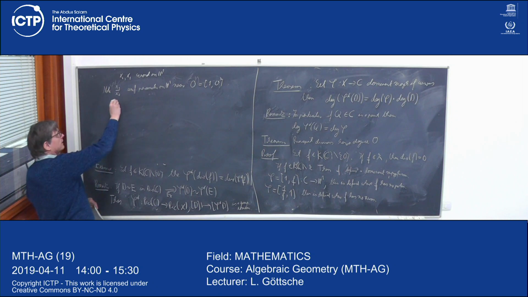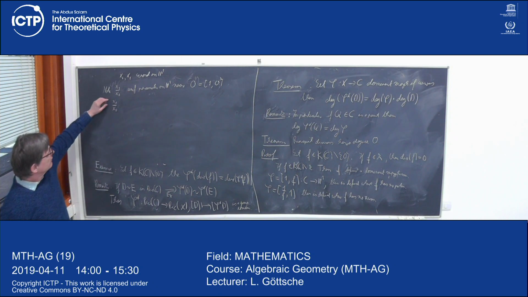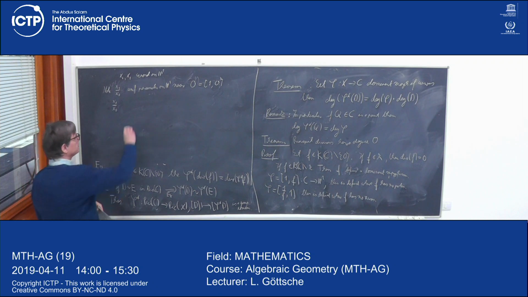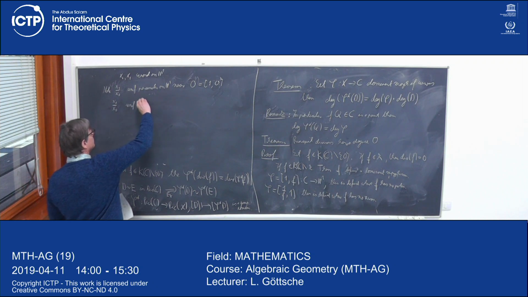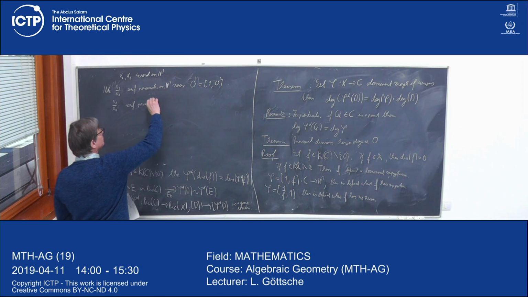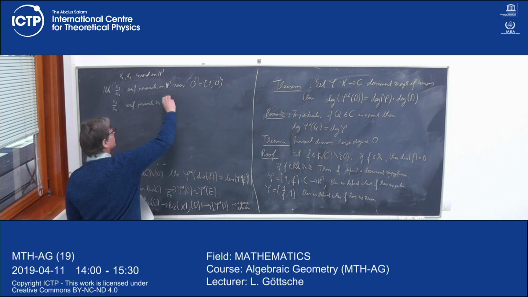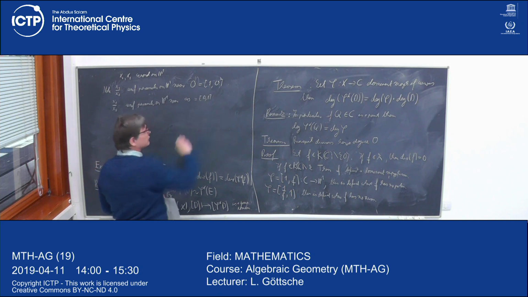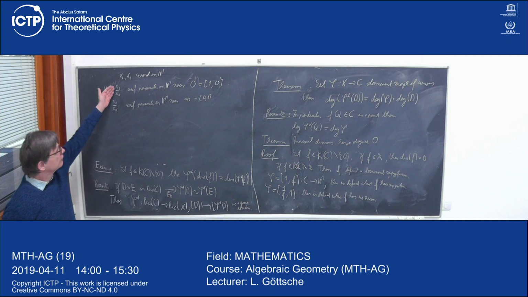And x0 divided by x1 will instead be a uniformizing parameter on P1 near infinity, by which I mean (0 : 1).